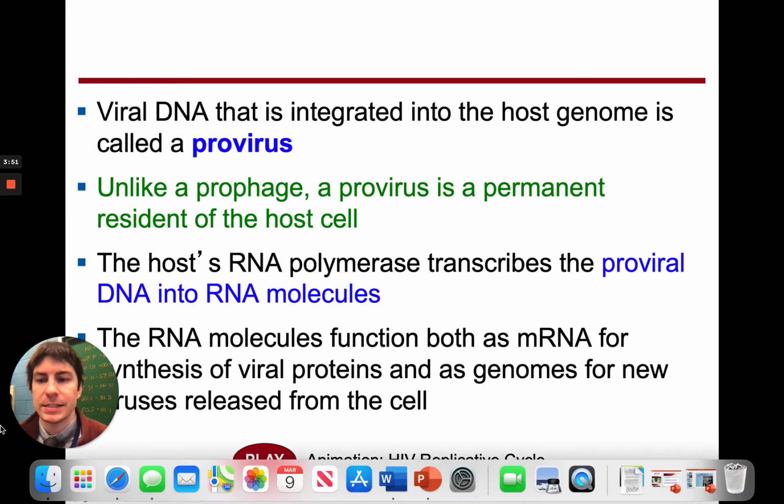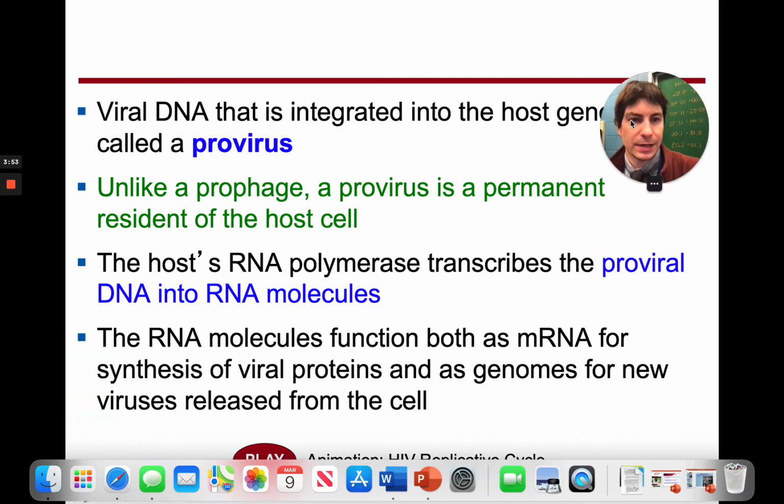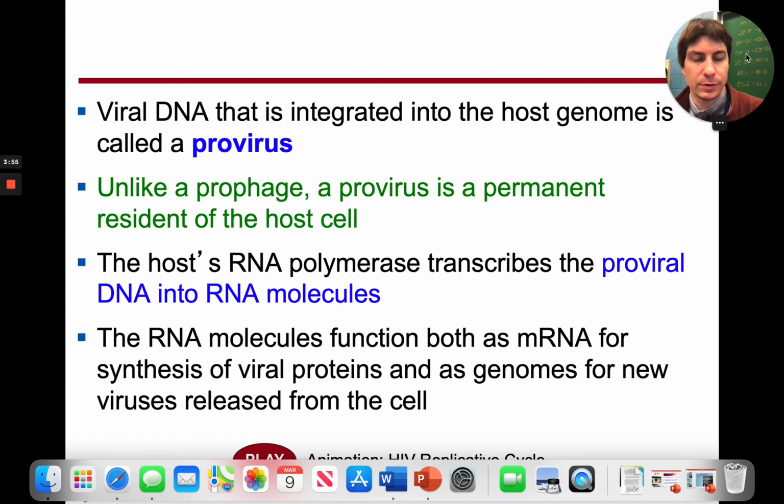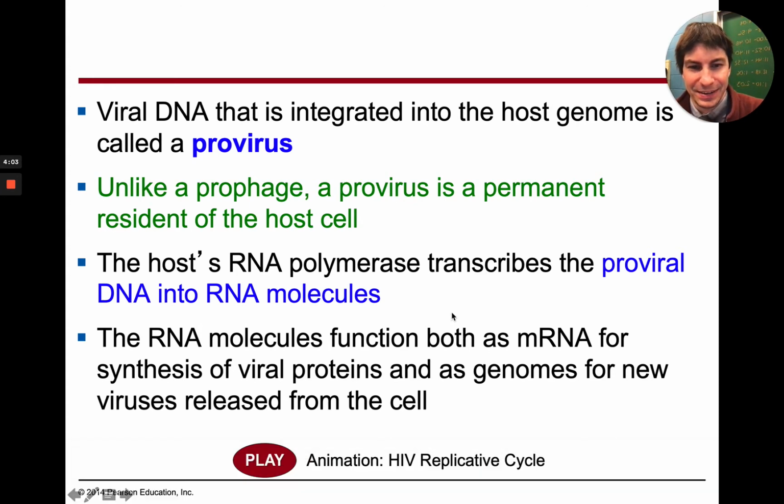So our next slide is going to be on proviruses. Proviruses, these are the ones that really, really stink. And I don't mean smelly. I mean they're wicked. So what can happen here is a provirus. That's when the DNA from the virus, now it might start off as RNA, but whatever, the DNA gets incorporated into our cells.